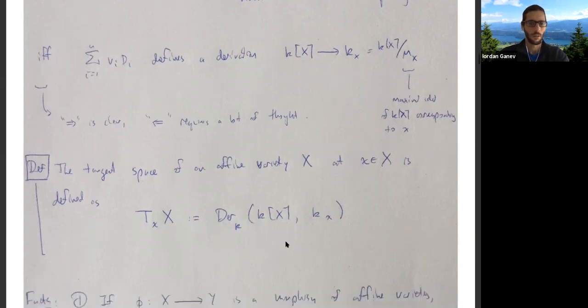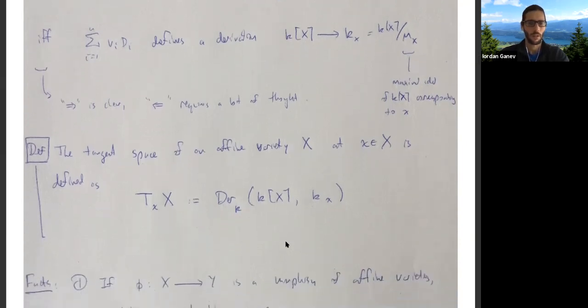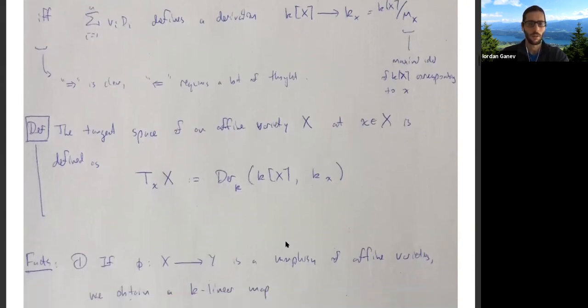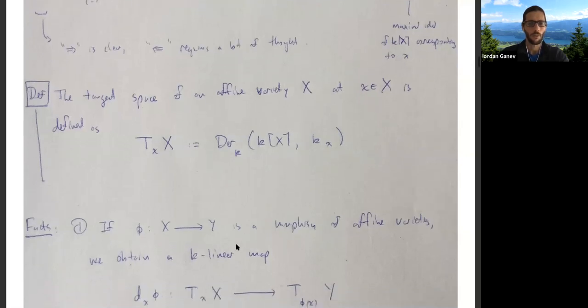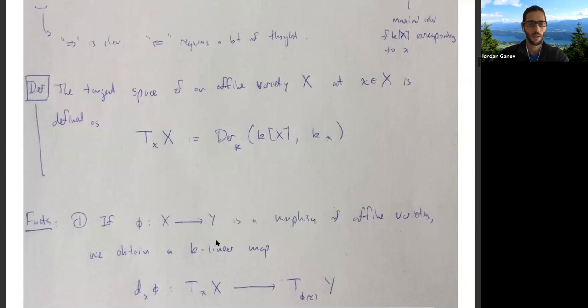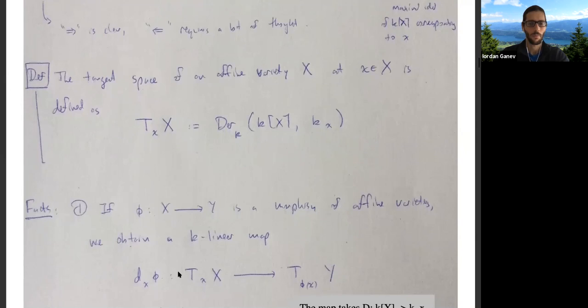All right, so now let's collect some facts about this new gadget that we've defined. First of all, we note that we've only defined it for affine varieties. We'll get to the more general definition in a bit. So if we have a morphism of affine varieties, x to y, then we get a k-linear map from the tangent space of x at little x to the tangent space of y at the image of little x.